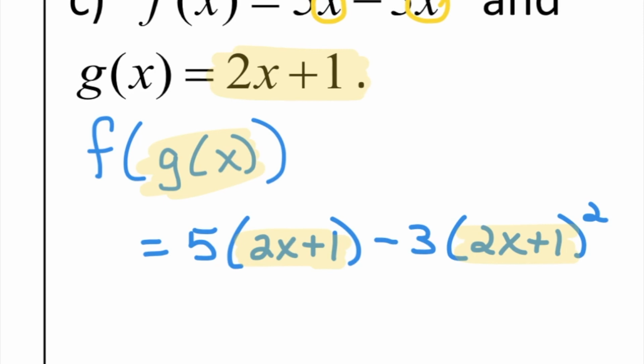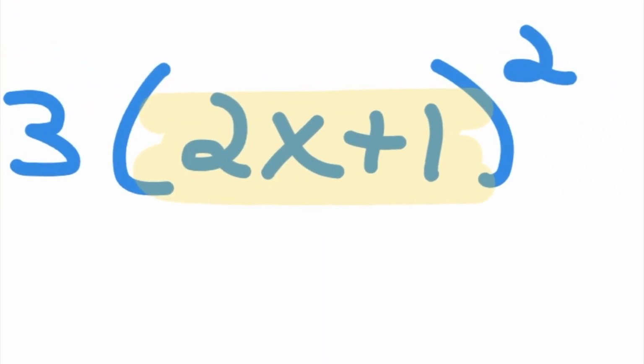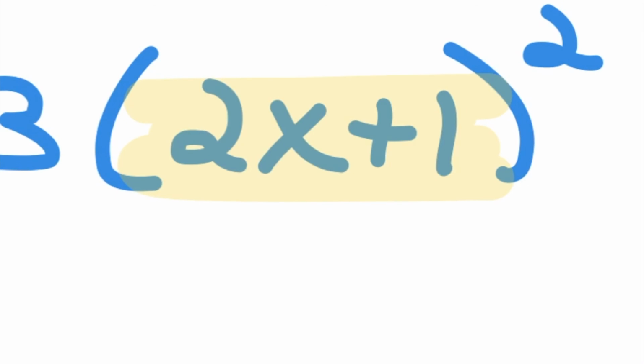Now, in order to simplify this, I would start with just this binomial, and really squaring a binomial means that you're multiplying by itself.